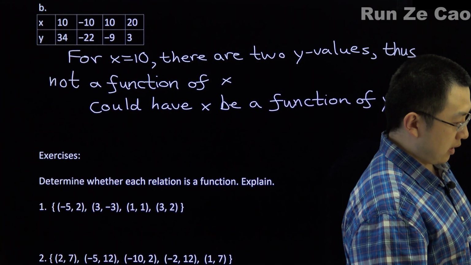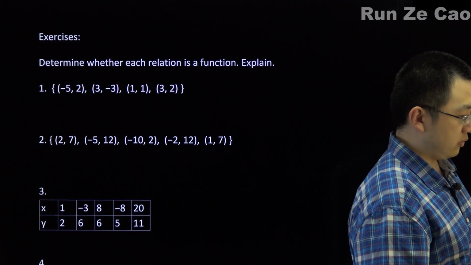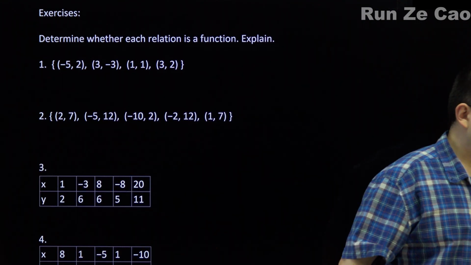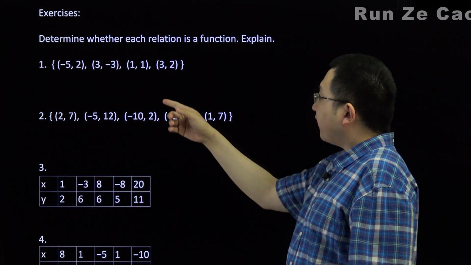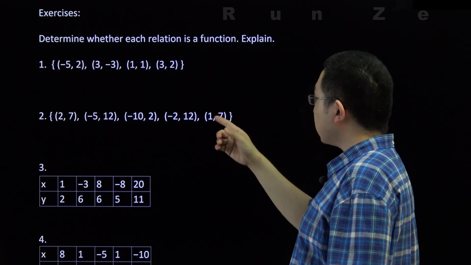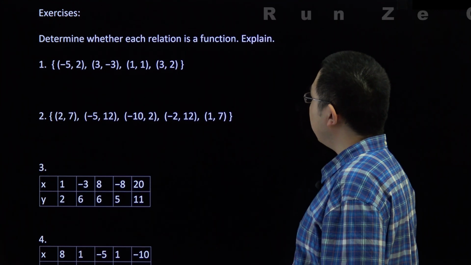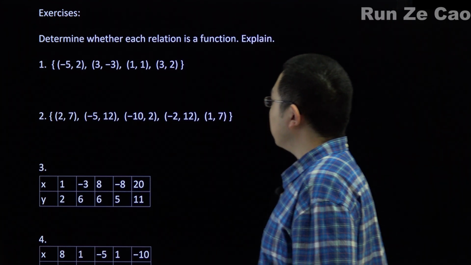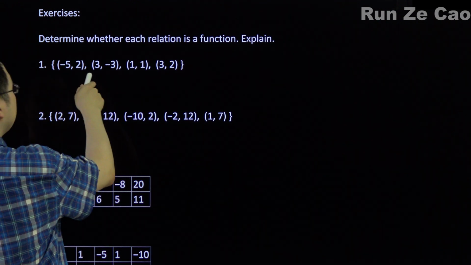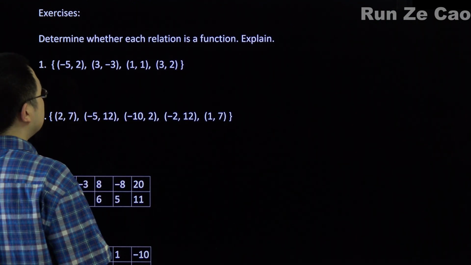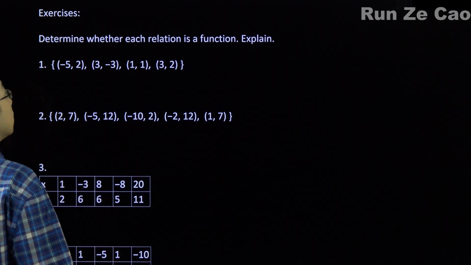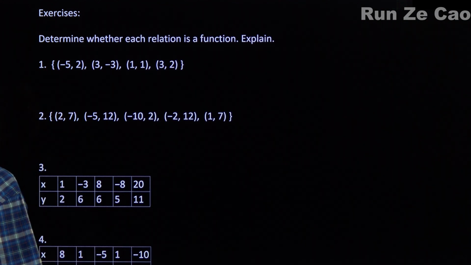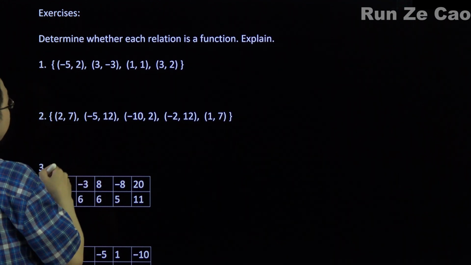Alright, exercises. Determine whether each relation is a function. Explain. Negative 5, 2, 3, negative 3, 1, 1, and 3, 2. Well, you have 2 instances of x equals 3 with different y values. So you have multiple y values for the same x value. Therefore, this is not a function of x.